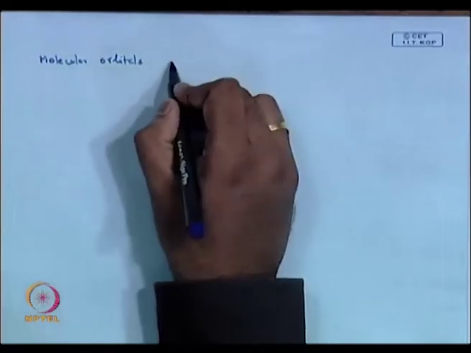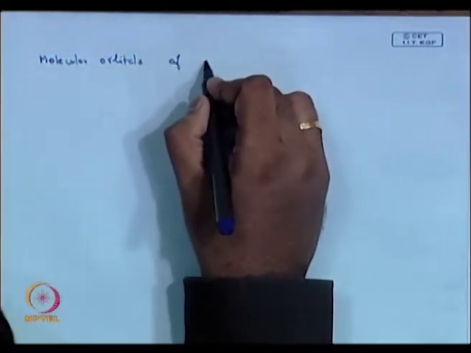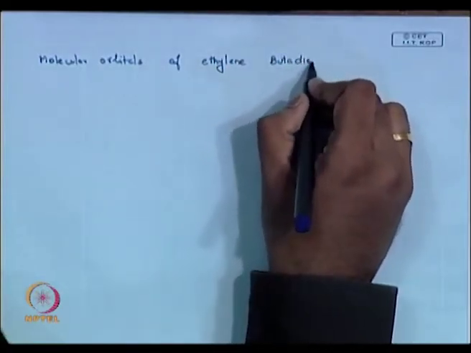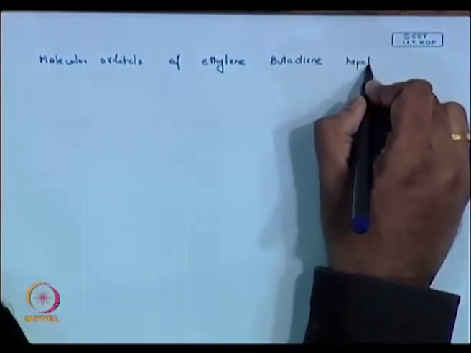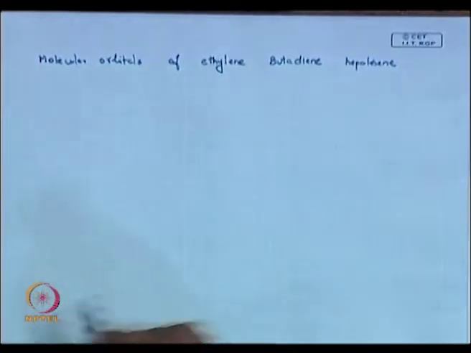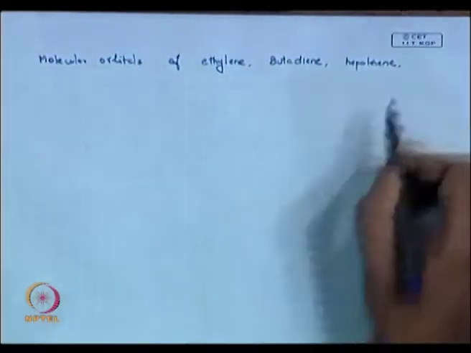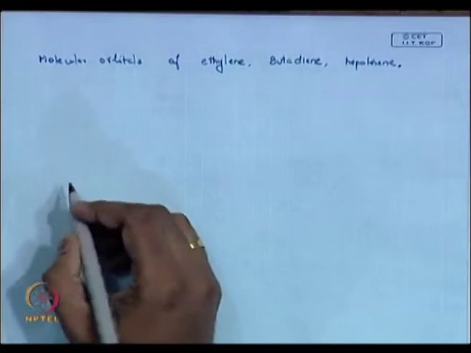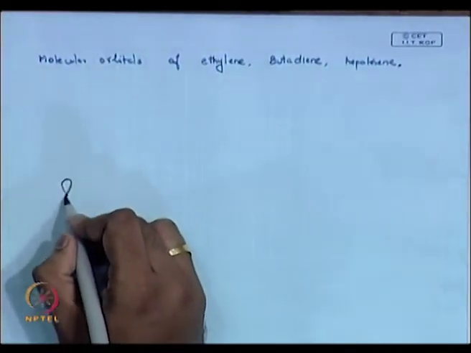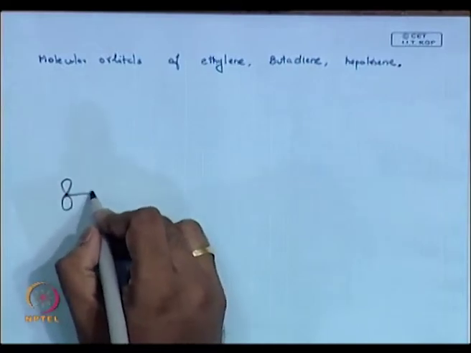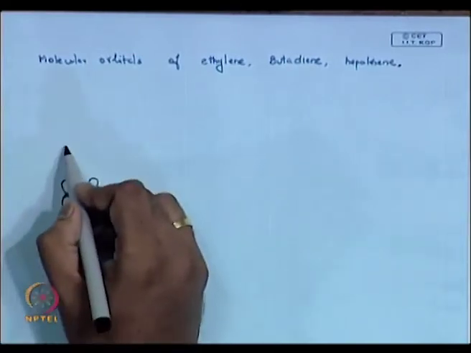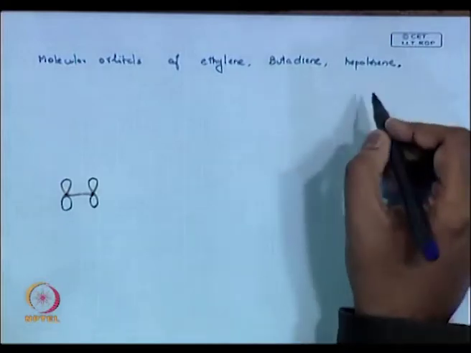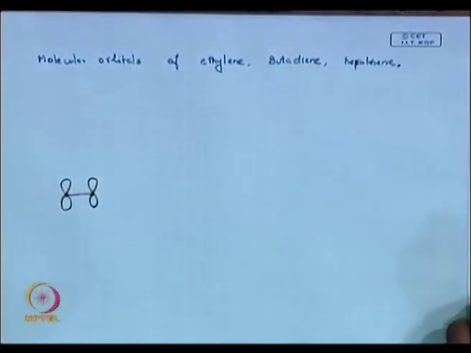See molecular orbitals of ethylene, butadiene, hexatriene.